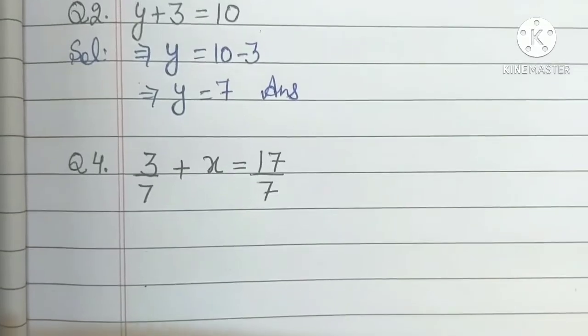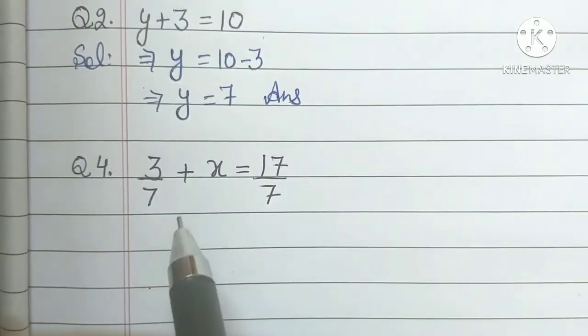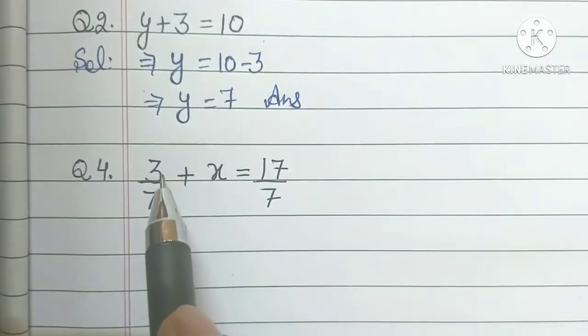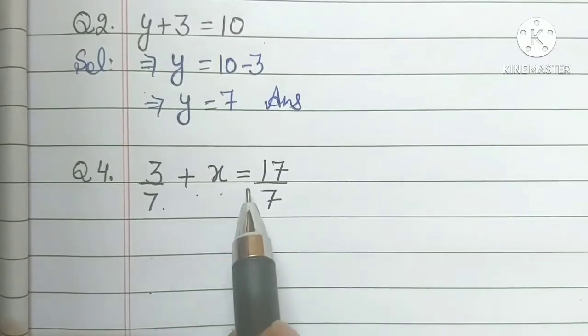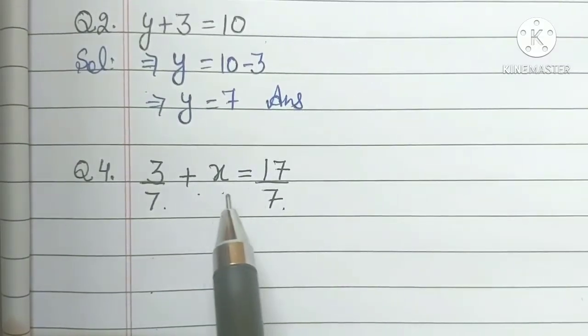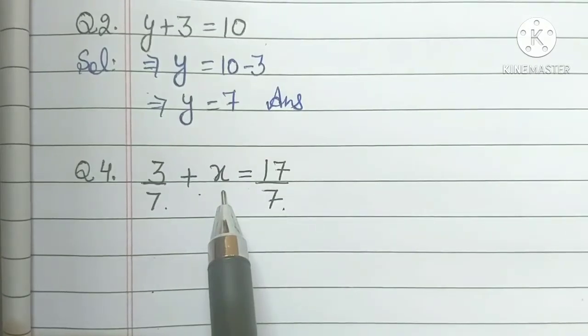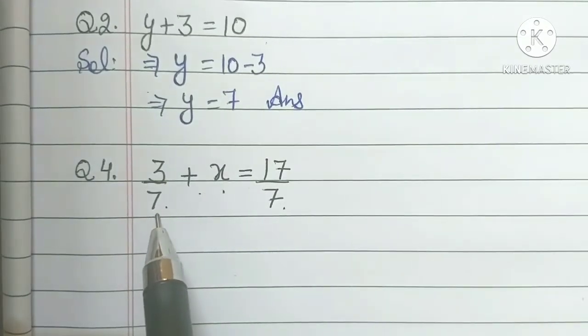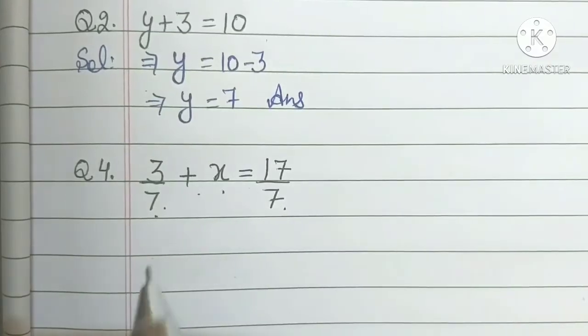Next, question number 4. In this question, the equation is 3 by 7 plus x equals 17 by 7. Again, we want to find the value of this variable x. So we will transpose this fraction, 3 by 7, to the right hand side.